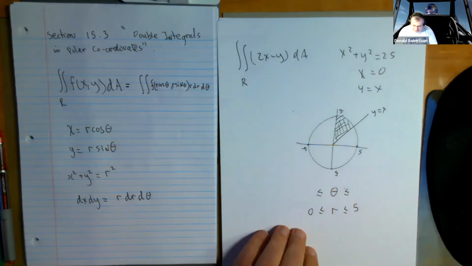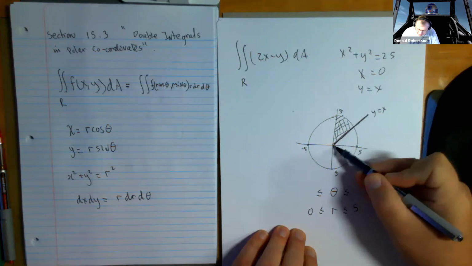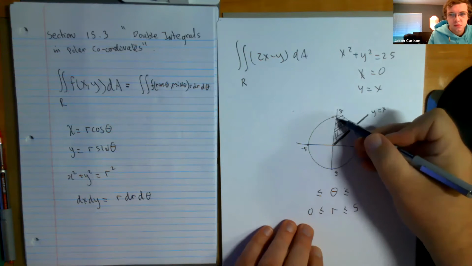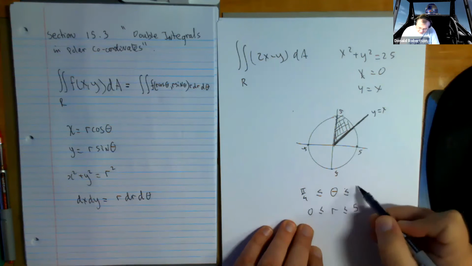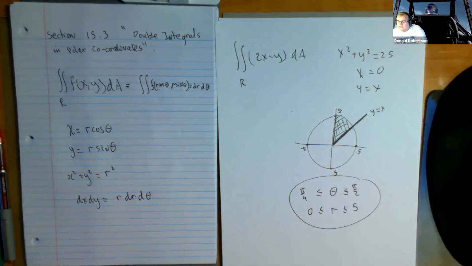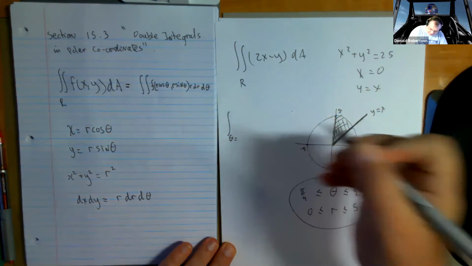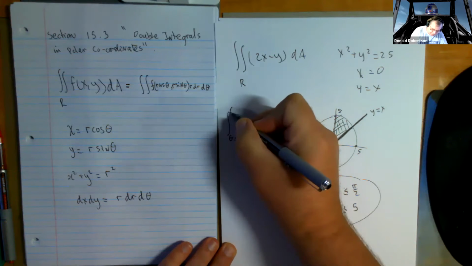Now the theta in this case, what angle gets generated here? That's pi over 4. And won't you agree that this is a half pi? So can you see that this is the way that region is described in polar? So our integral is going to be going theta equals pi upon 4 to pi upon 2.